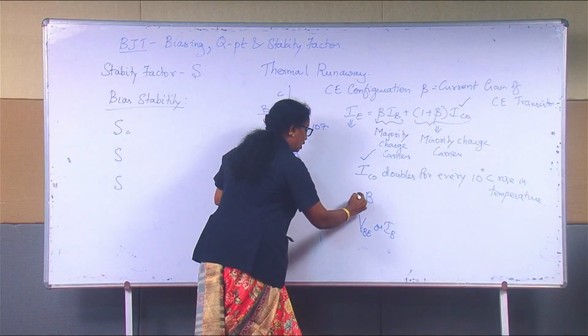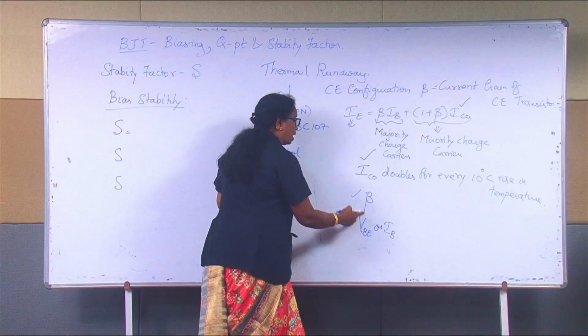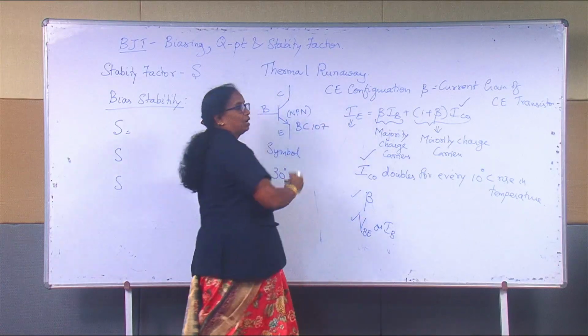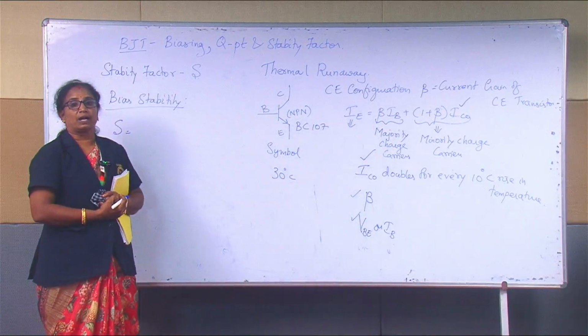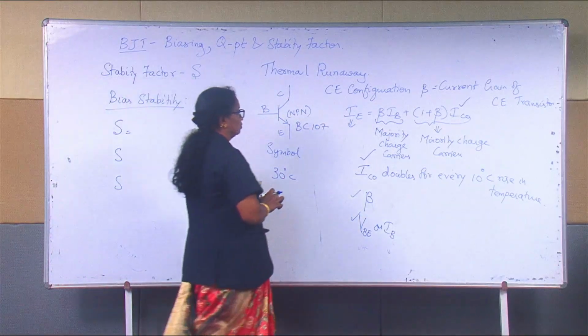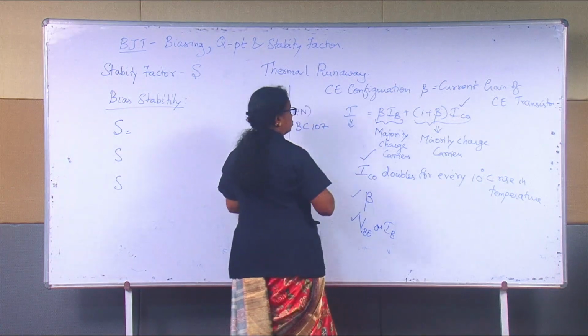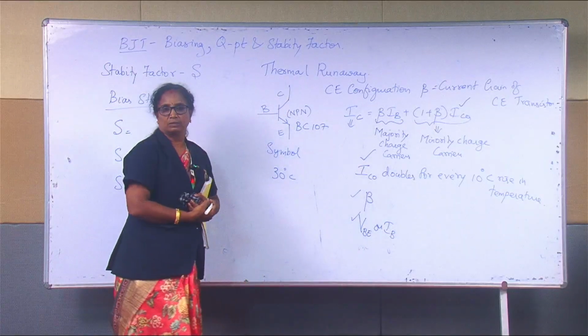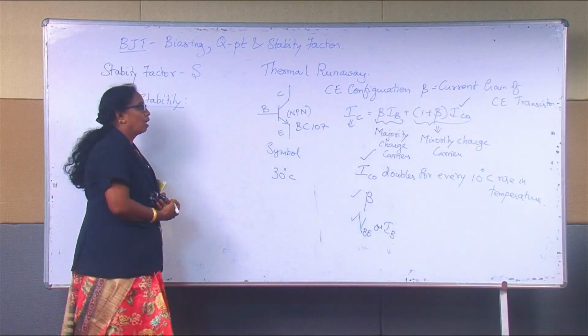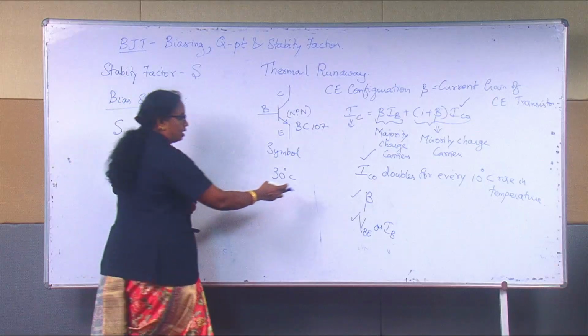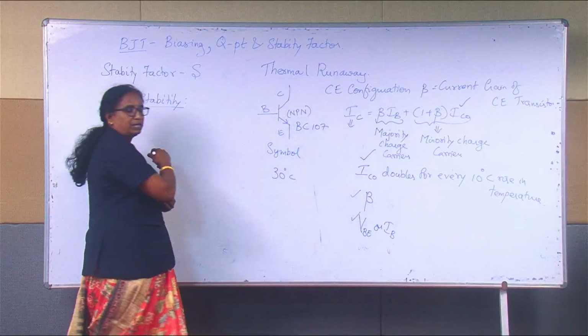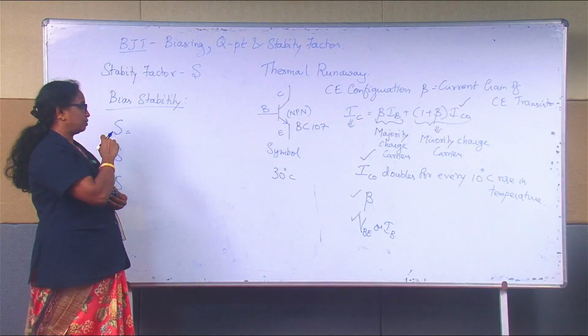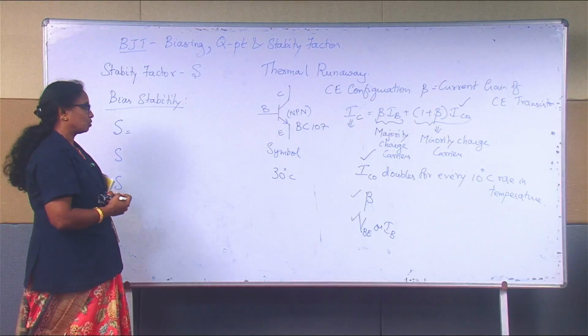So these are the 3 factors that affect the collector current. Sorry, this has to be collector current. So there are 3 factors that affect the stability of this transistor in the biasing circuit.